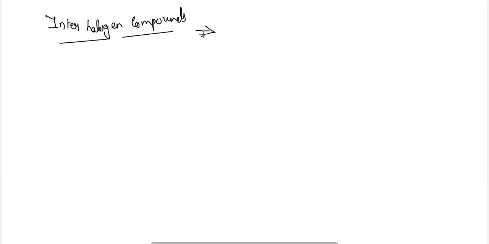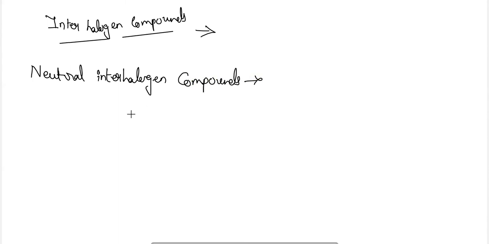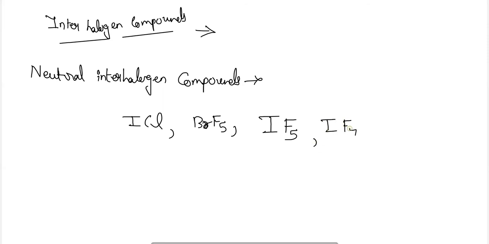In the neutral interhalogen compounds, we will see ICl, BrF5, IF5, the pentafluorides, then IF7, etc. These are the neutral interhalogen compounds.